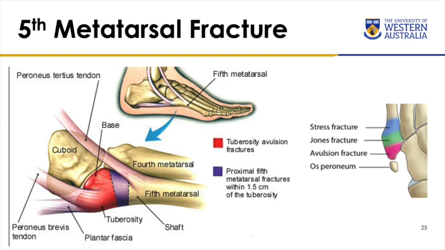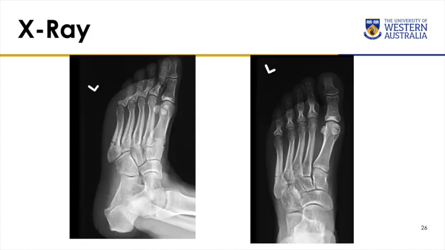The majority will still heal with non-operative treatment, but there is a substantial number that will require surgical fixation. In athletes, these are often fixed as they have a high risk of refracture. Pictured here, you see the typical appearance of that Jones fracture.